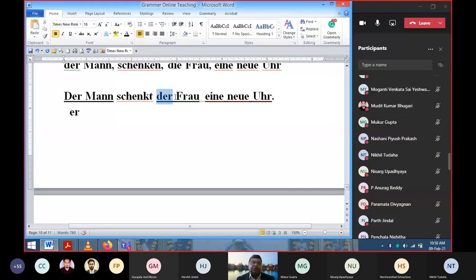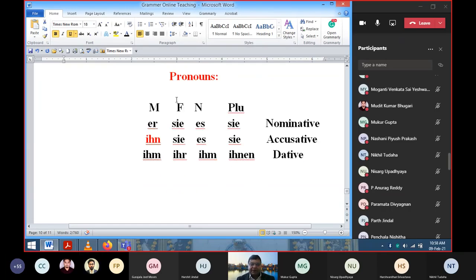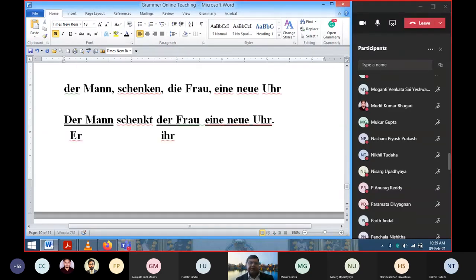Der Frau means to the wife. Now this is feminine and dative. So you have to select something from this last row, feminine. Here it is ihr, which means to her. If you are using a pronoun here, then definitely it will be to her. So the equivalent is ihr. And then eine neue Uhr, a watch.